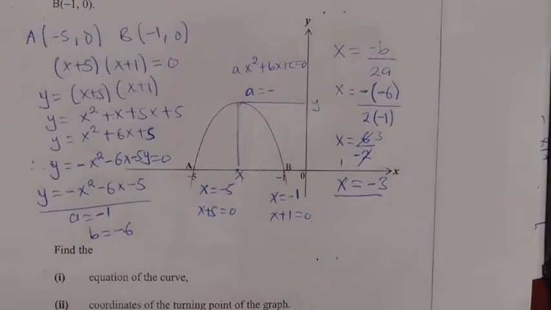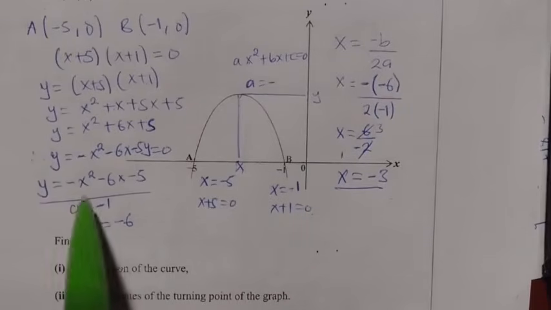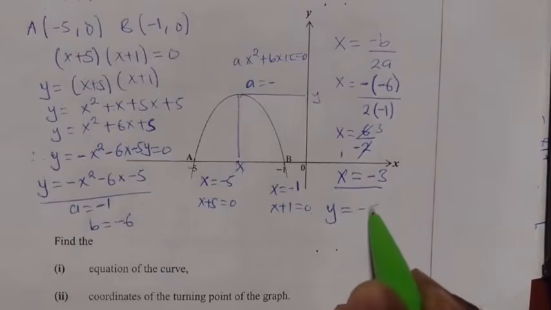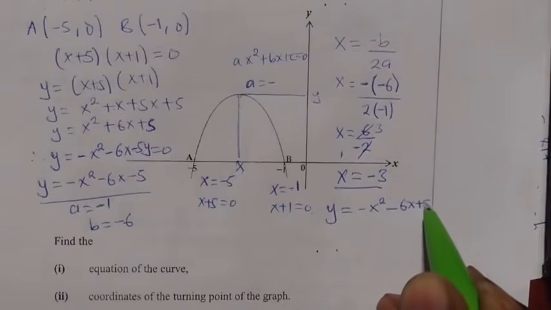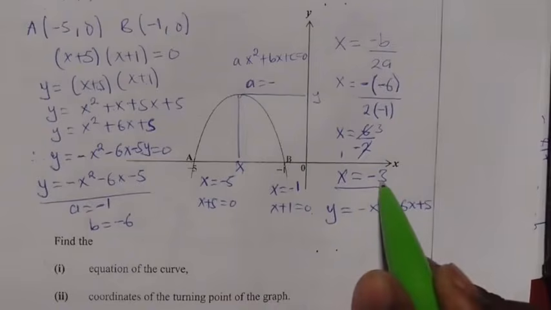Now we need to find the y value. To find the y value, we can either use the formula, or we can use this same equation that we found. We are just going to say y equal to negative x squared minus 6x minus 5. Where there is x, we are going to put -3.